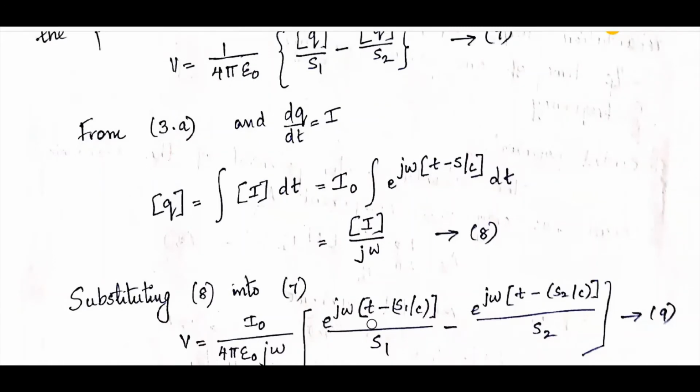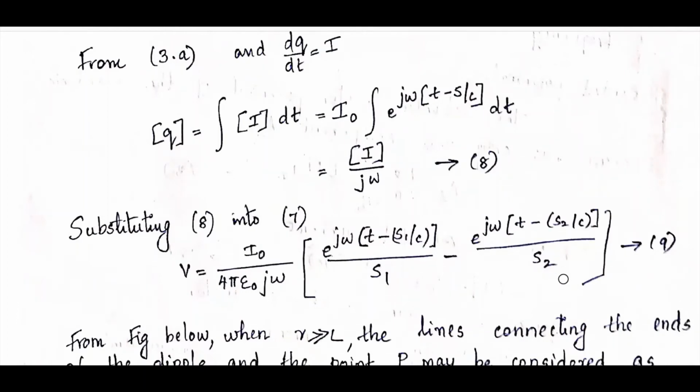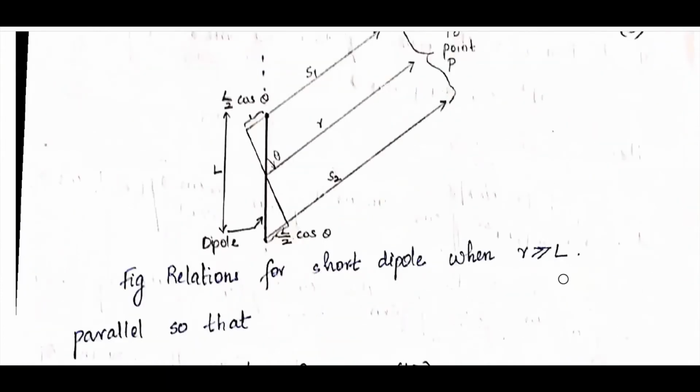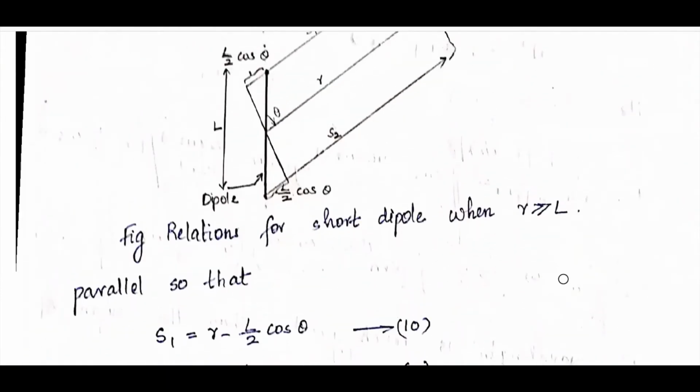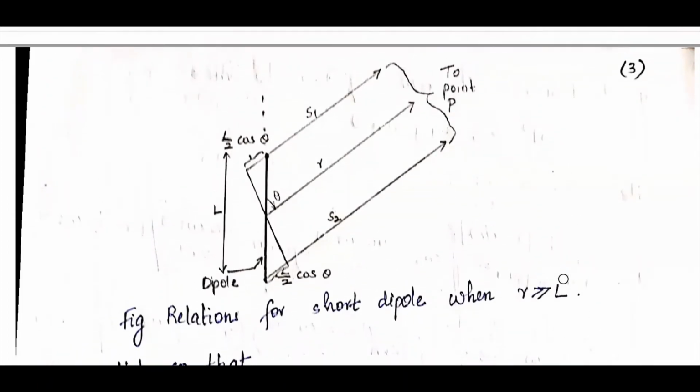So you will get e raised to j omega of (t minus s1 by c) by s1 minus (t minus s2 by c) by s2. Again, consider R is very much greater than L. Now if you consider this diagram, this distance will be equal to L by 2 cos theta, and this distance also will be equal to L by 2 cos theta.